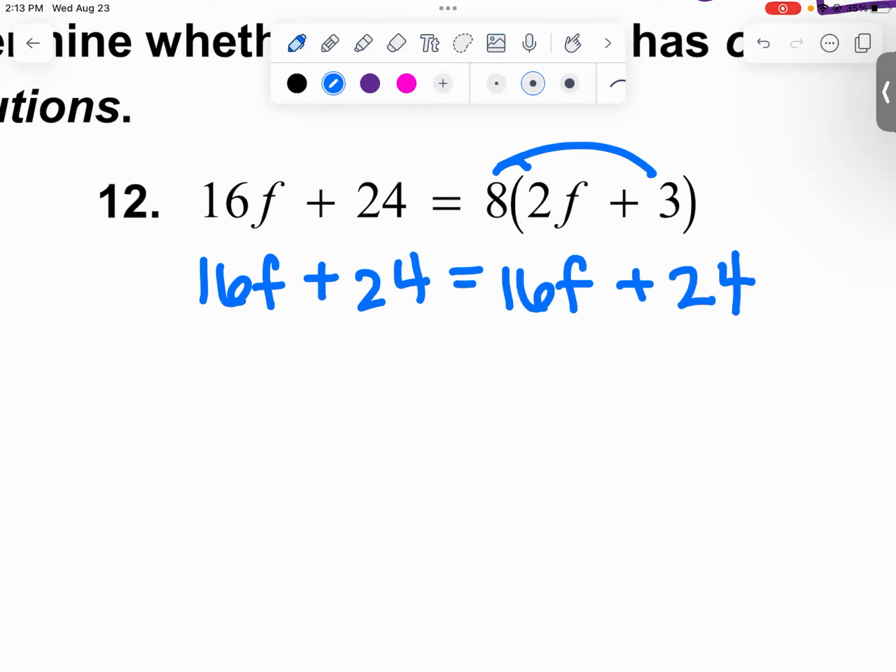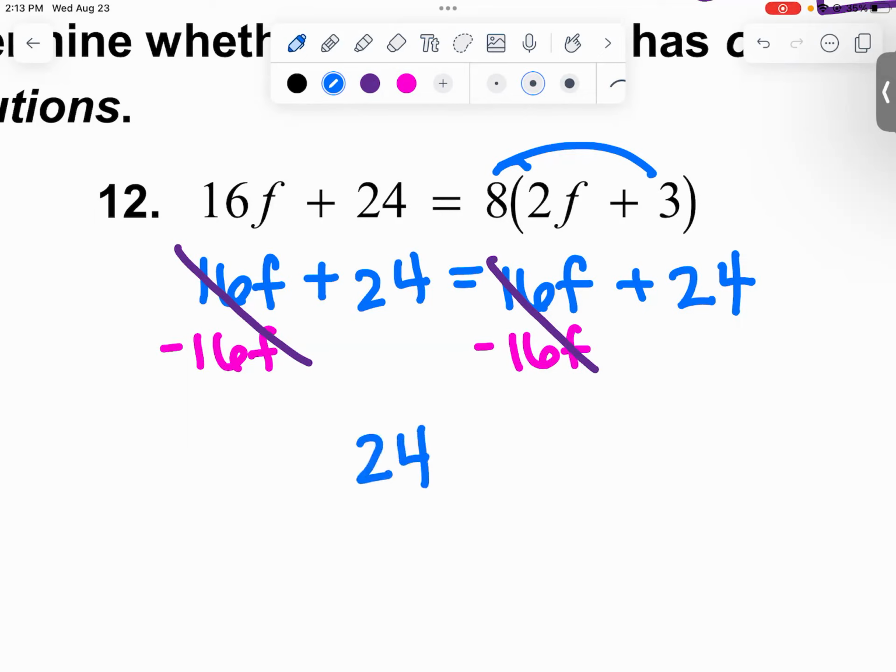Some of you can see where this is going. We can subtract 16f to the other side. However, both sides, our variables are going to cancel out.